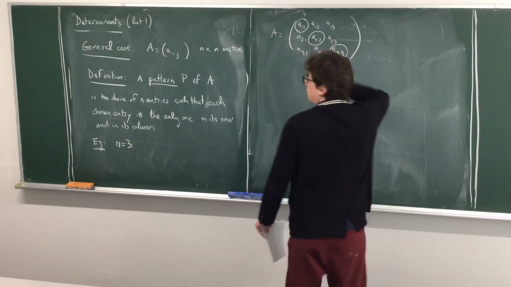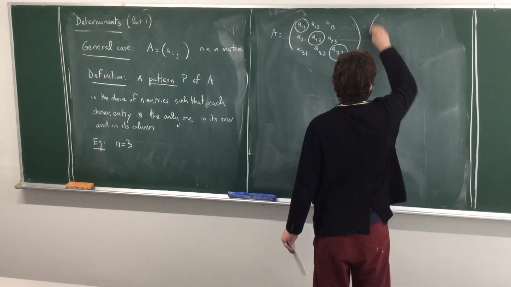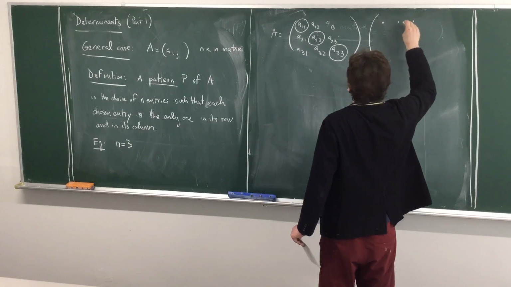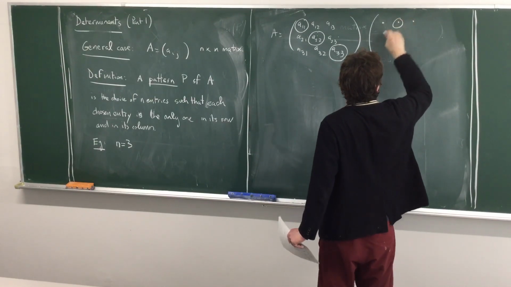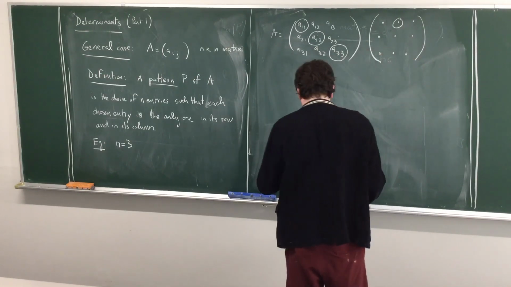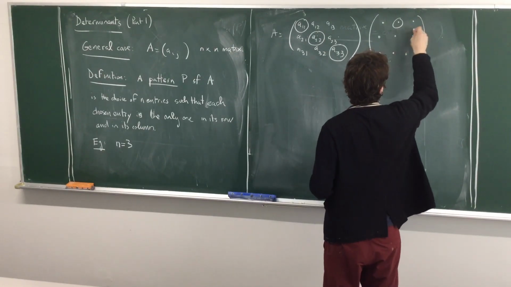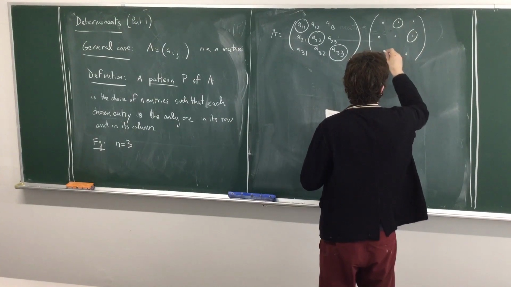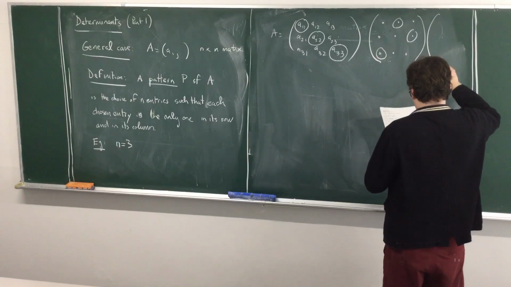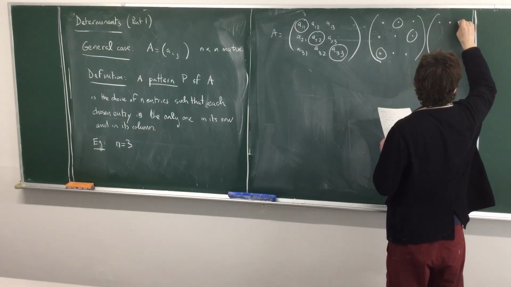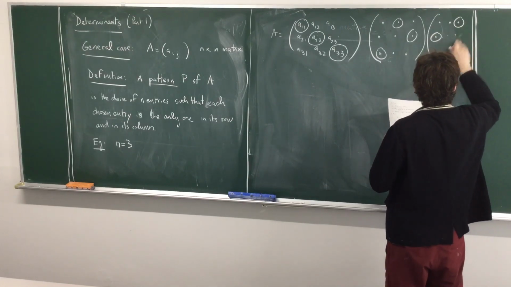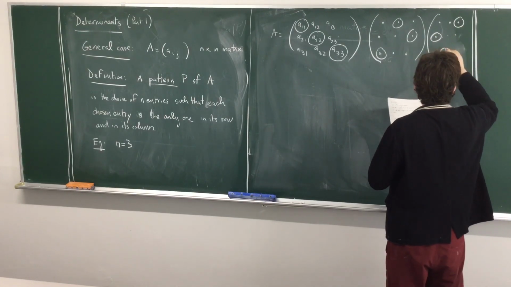Let's write the other possible patterns. I can choose, for example, this one. So I will just indicate the location of the entries with a dot. Yes, this one is also a pattern, as you can see. And another one. I pick here, and then I pick this, and then I pick this one.